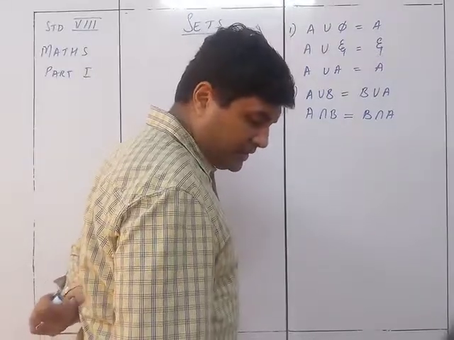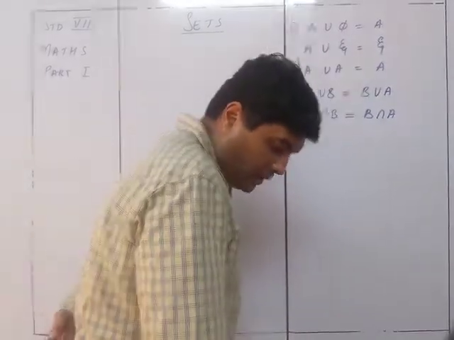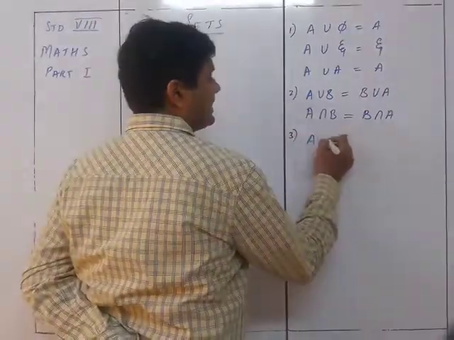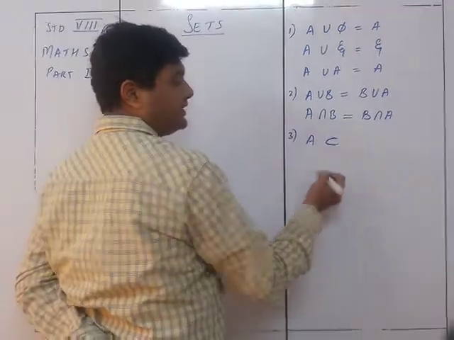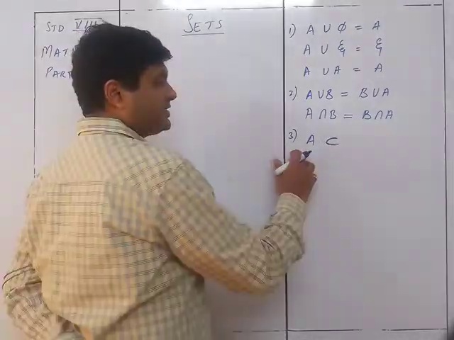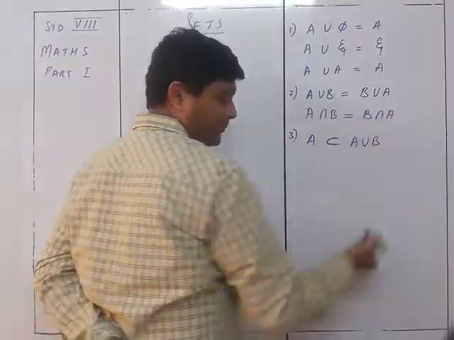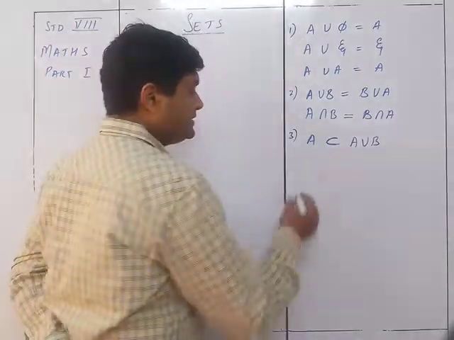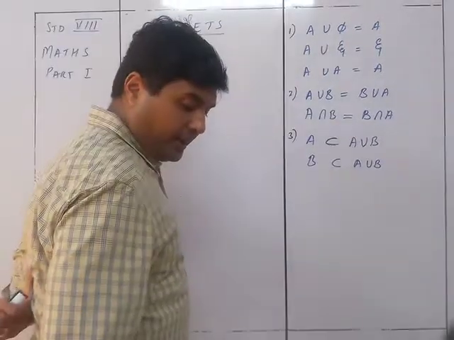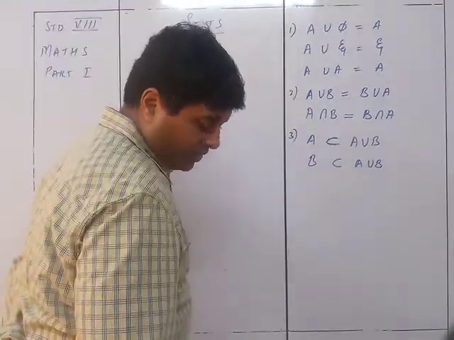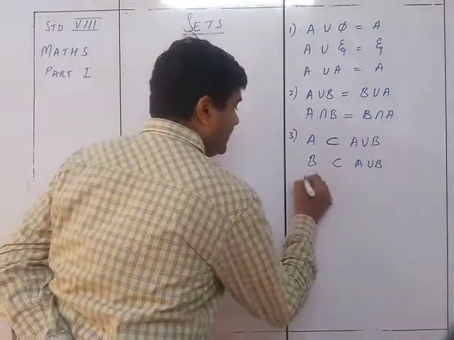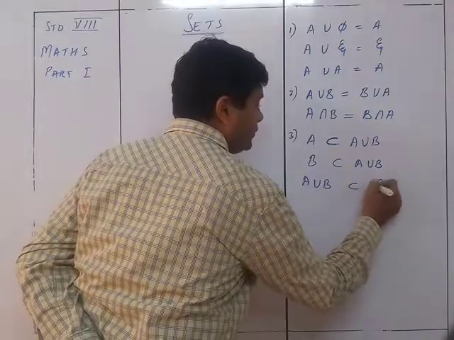The third thing is A is a subset. This is the formula for subset. Subset, I told you, is the one which is a part of the main. So A is a subset of A union B. Obviously, A is a subset of A union B. Similarly, B is a subset of A union B. And of course A union B will be a subset of the universal set.